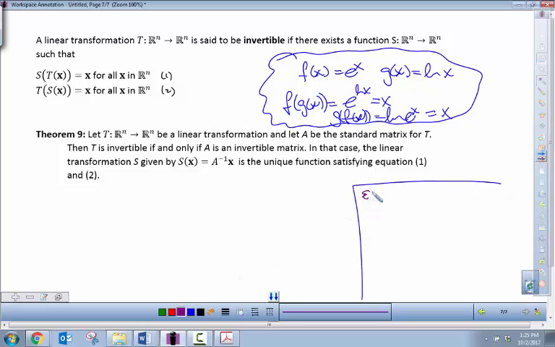Projections are not invertible because they are not one-to-one.